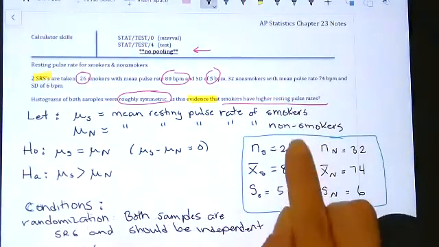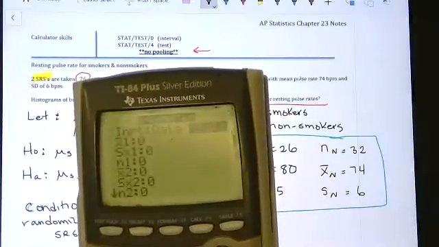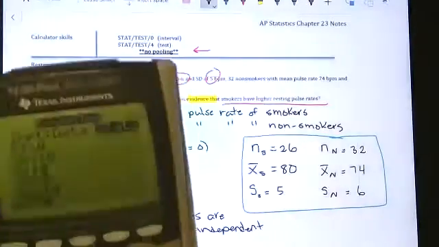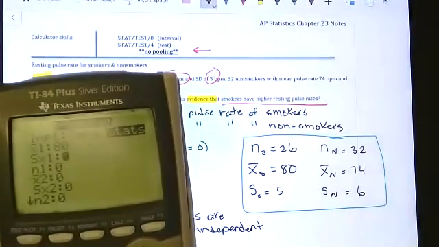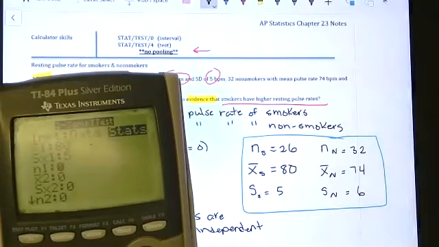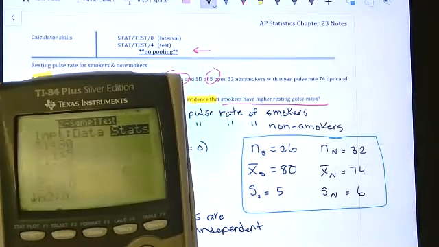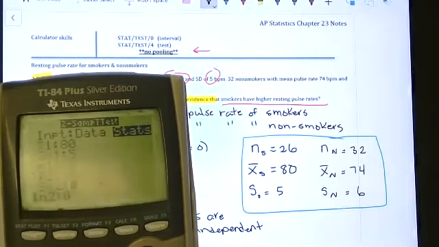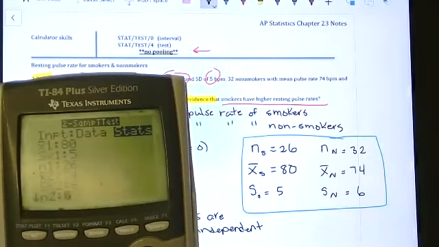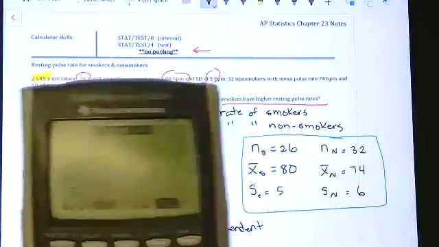So I had a sample mean of 80, sample standard deviation of 5, and a sample size of 26. My non-smokers, I had 32. Oops, I had 74 as the mean. Standard deviation is 6, sample size is 32.